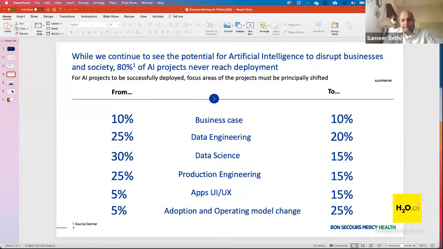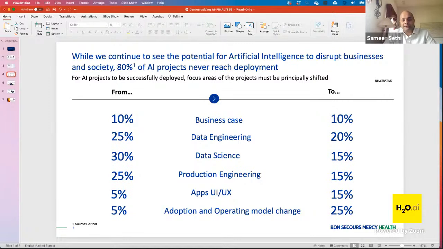While we are encouraged by the potential of AI, considering our mission and the nonprofit posture that we have, we pay a lot of emphasis to making sure that these programs and projects are set up for success.